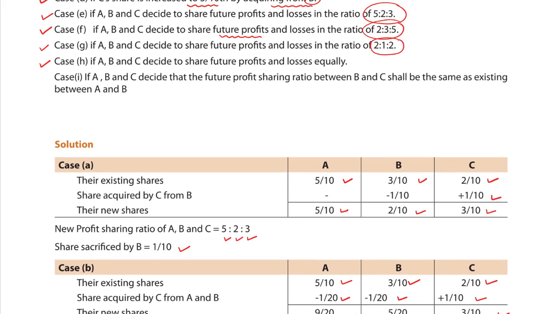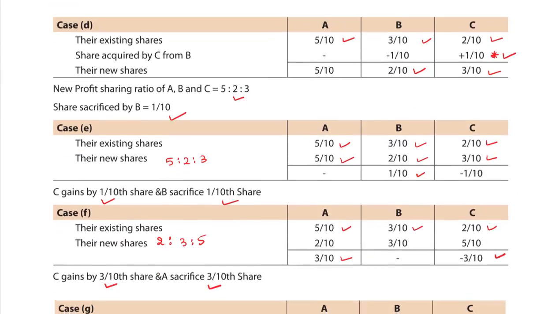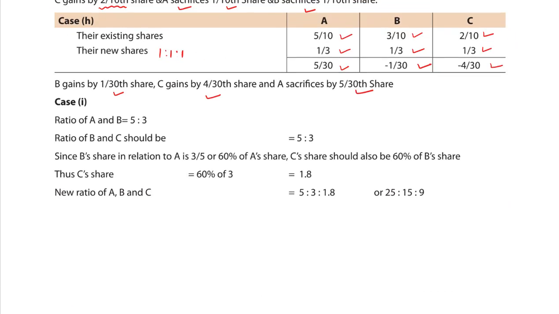Case I. If A, B and C decide that the future profit sharing ratio between B and C shall be same as existing between A and B. Ratio of A and B is 5:3.